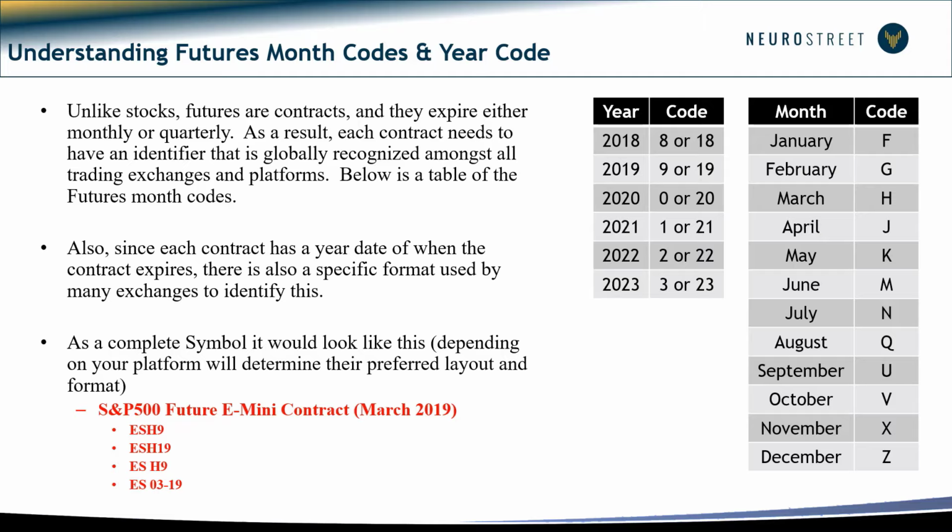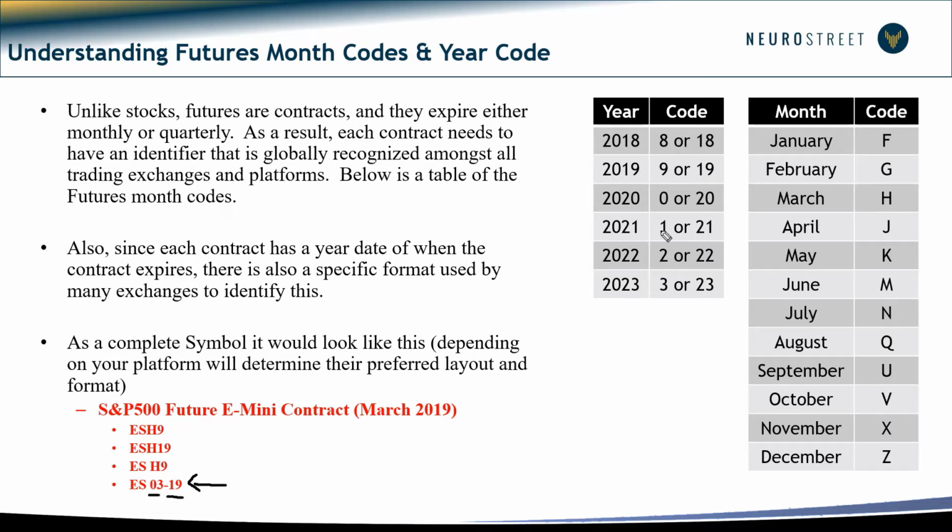And since our primary futures platform is NinjaTrader, you'll often see this as the layout, because I know TradeStation is a little different. I know TradingView is a little different. There are other platforms that are a little bit different, but for the most part, the reason I like this one so much is it tells you the month, it tells you the year, right?